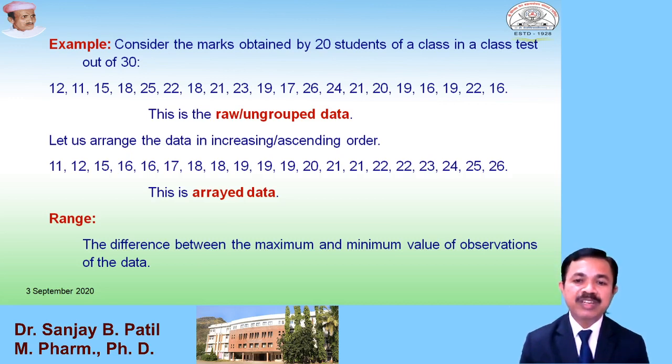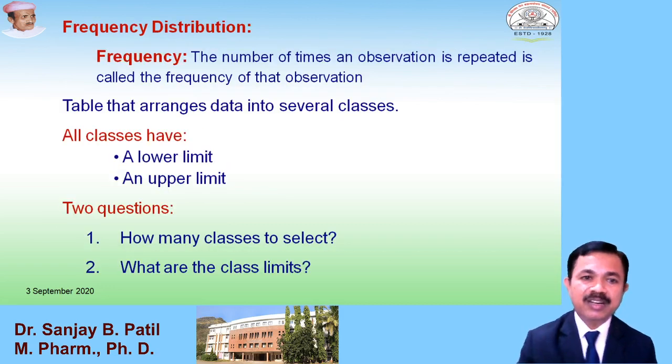So if you consider the above example, what is the range for the marks obtained by 20 students out of 30? The lowest value of observation is 11 and the highest value of observation is 26. So 26 minus 11, so 15 is the range for the given data.